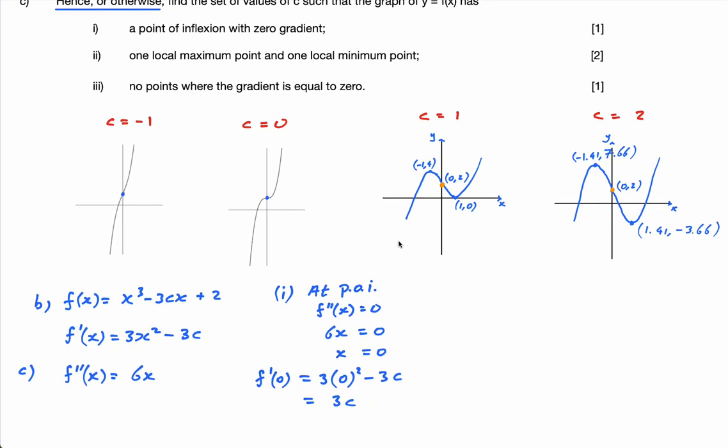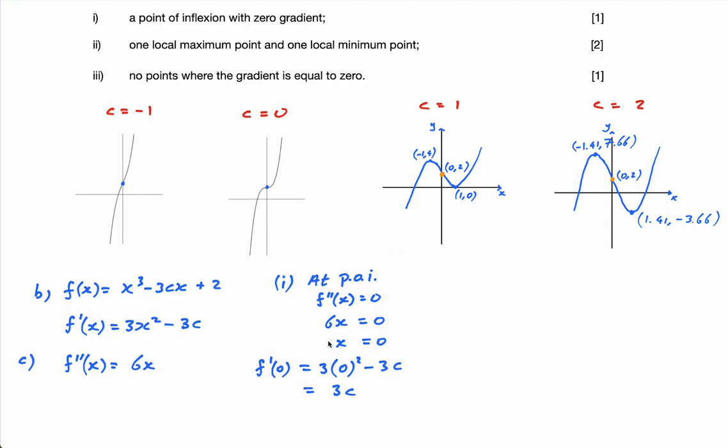Now, if the gradient is 0 at x equals 0, then f dash of 0 has to equal 0.